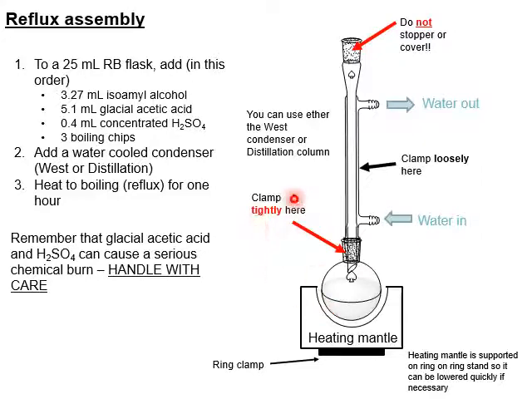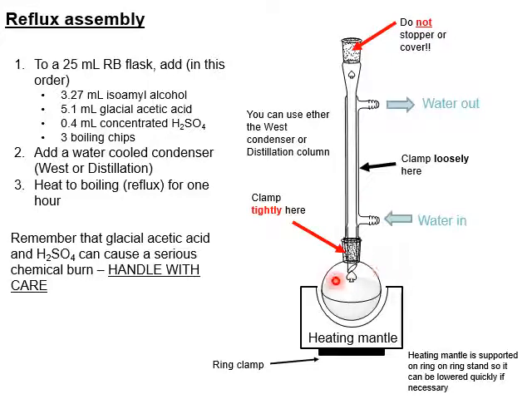Okay, so this is the reflux assembly. It's very important to not cover this area, just because you might build a lot of pressure and the column might break. But as you can see, this is essentially the same as we use with distillation.